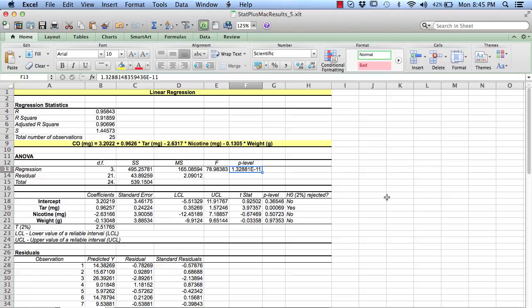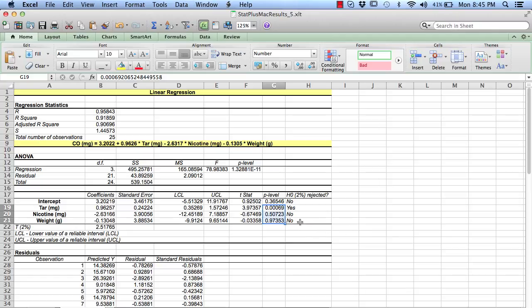So now we want to look at the p-values or p-levels of all of the different variables. And so we have a p-level for the intercept, and that's kind of important to look at, but more important are the p-levels for the three independent variables that we included today, tar, nicotine, and weight. And so again, you want these to be 0.05 or smaller in order for them to significantly influence the dependent variable.